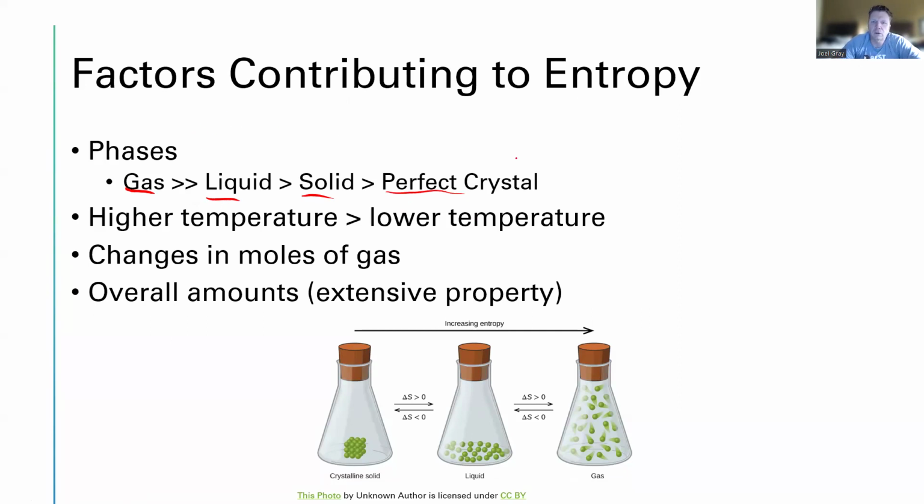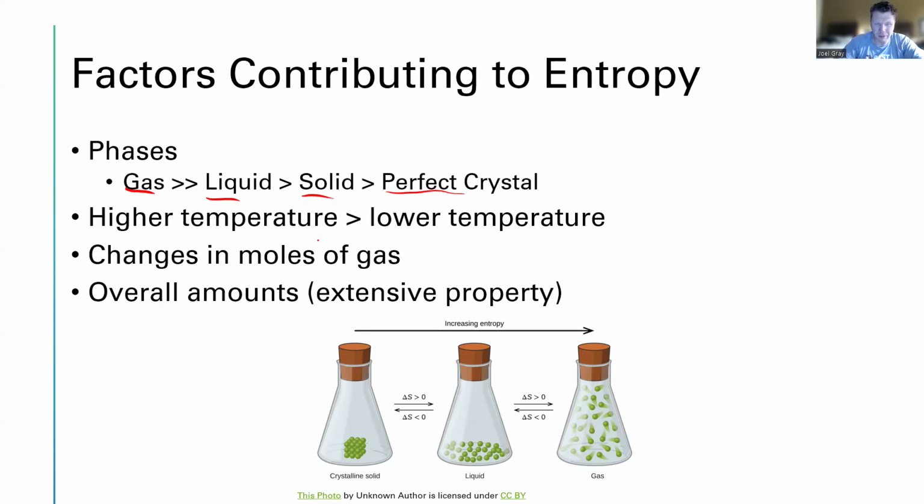So in a perfect crystal, so a solid, you've got, let's say, three atoms. Those three atoms are never going to move, or they're basically not going to move away from one another. Now, if we compare that to a solid, well, it's a little bit less ordered than a perfect crystal.